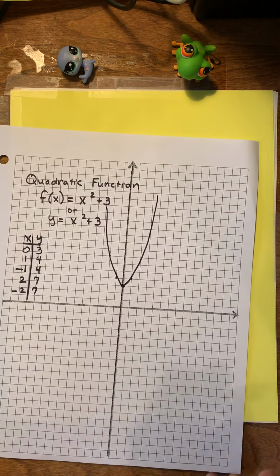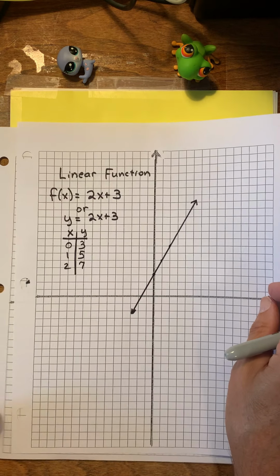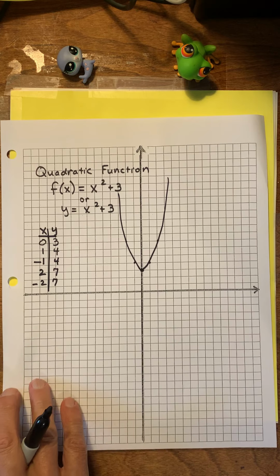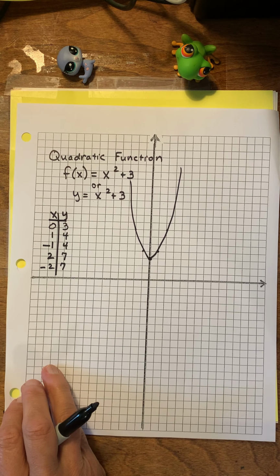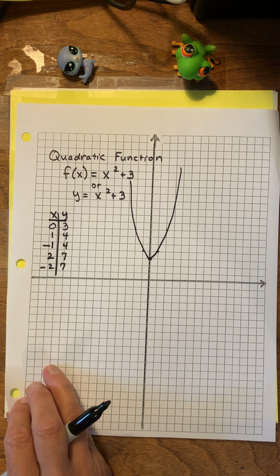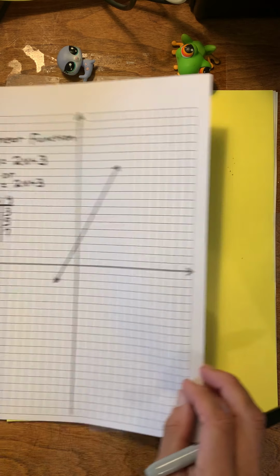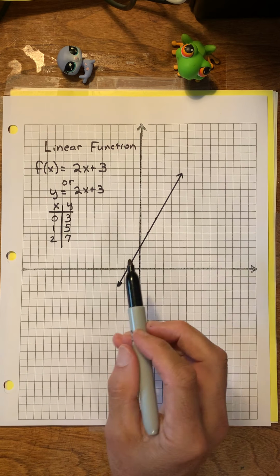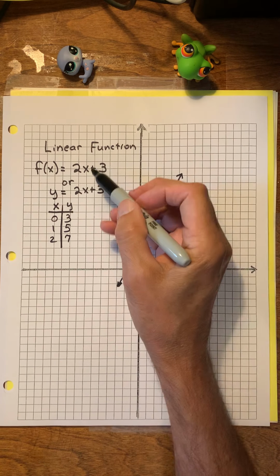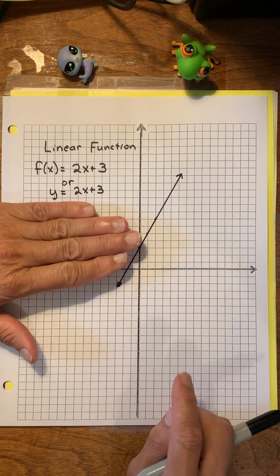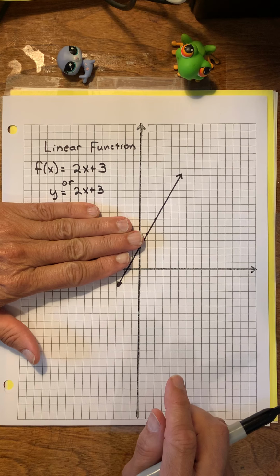So we have our linear function, simply the graph of a line, and we have our quadratic function, which graphs into an upward or downward turning parabola. Notice that if you have a linear function, you can look at your expression and tell some important things about it.